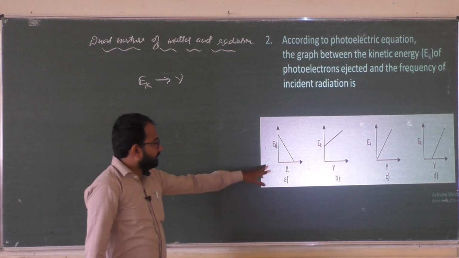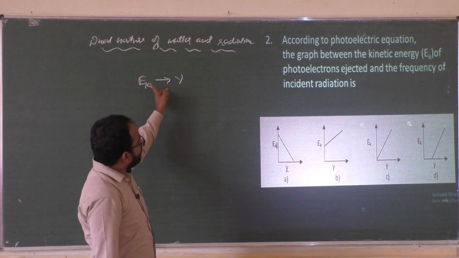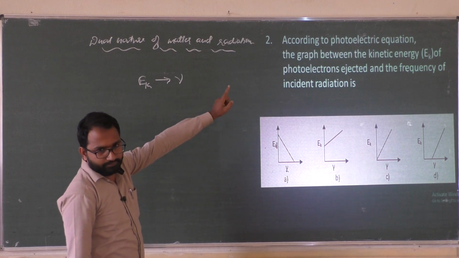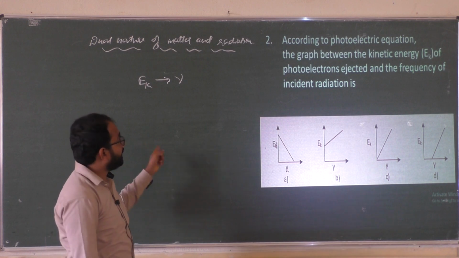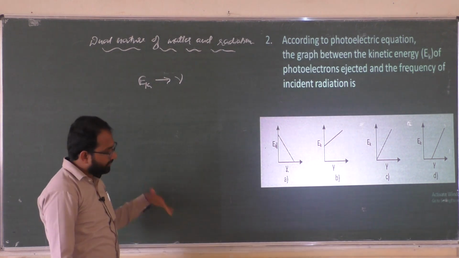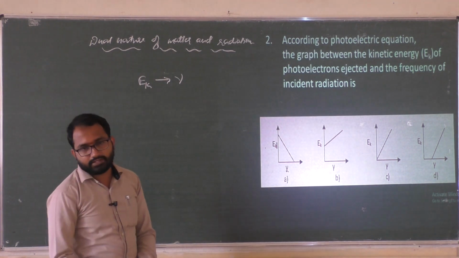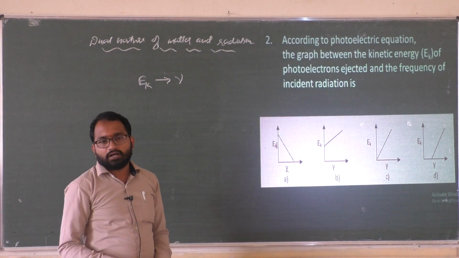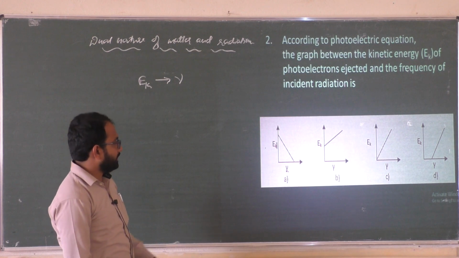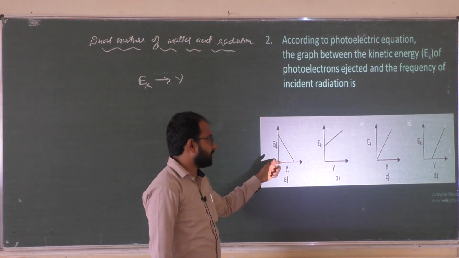So here it is proportional to the frequency. If you increase the frequency, the kinetic energy of emitted photoelectrons increases. Here it is decreasing, therefore this is not the correct option.